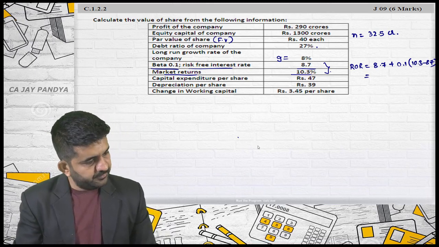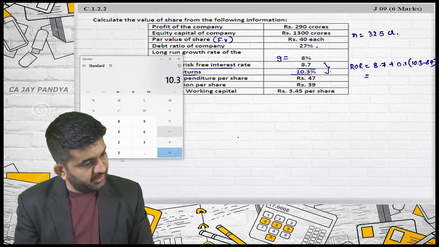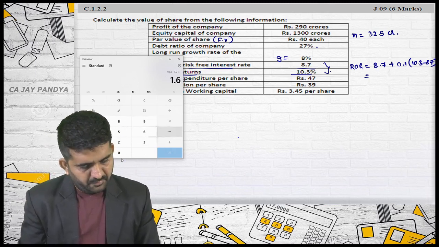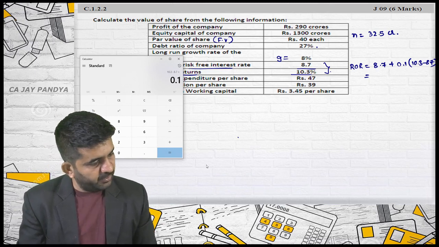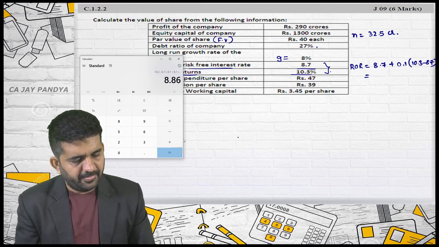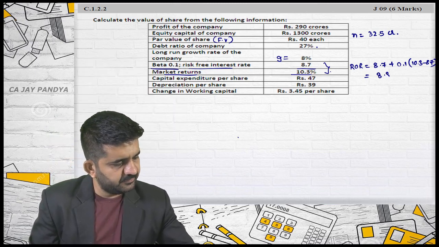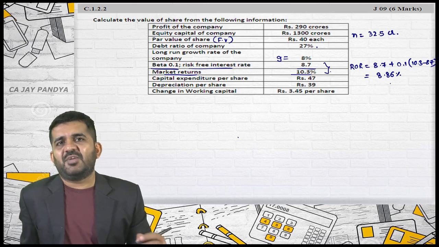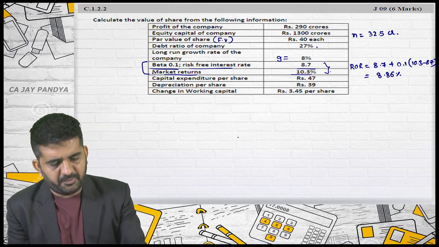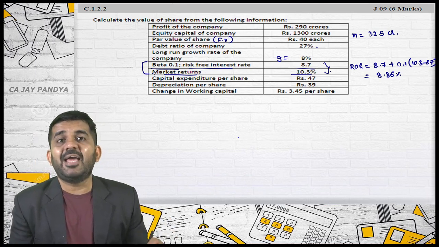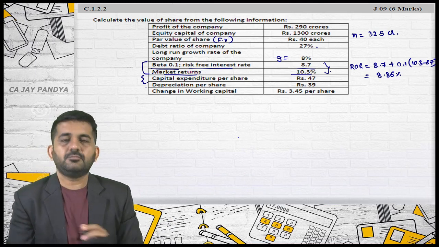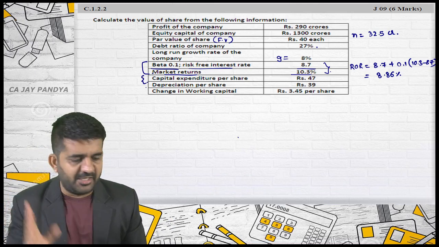Let me find it out. 10.3 minus 8.7, multiplied by 0.1, plus 8.7 is nothing but 8.86. So instead of directly giving the required rate of return of 8.86%, they have given these two pieces of information. Capital expenditure per share is 47. This will be important. I'll teach you what to do with it.